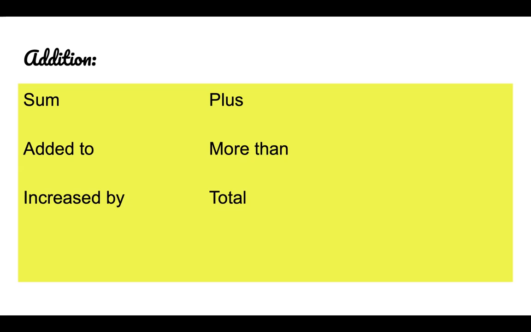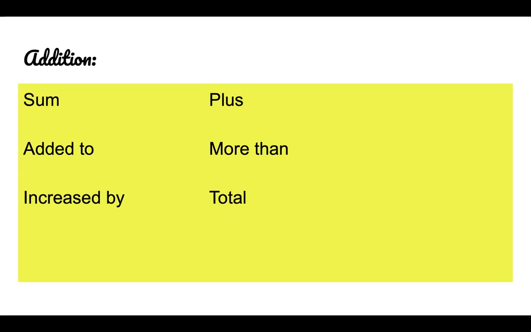So when you see there are 20 more Pikachus than coconuts, I know that's a very odd example, you're going to know that you're going to add something.